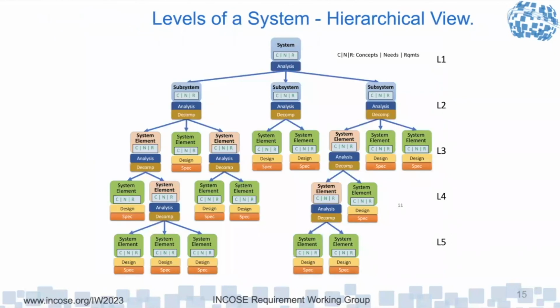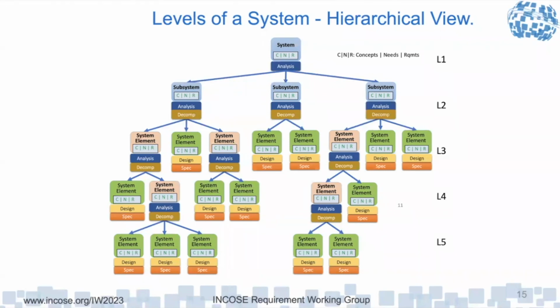The hierarchical view, and I've heard multiple times, is advantageous: divide and conquer, break it into pieces. It's also a problem when it comes to taking a holistic view and interactions, because notice this drawing doesn't show any interfaces, doesn't show any interactions. The architecture tends to mirror the architecture of the organization, and that's where these things are historically stuck in silos, because of the way the organization is set up.